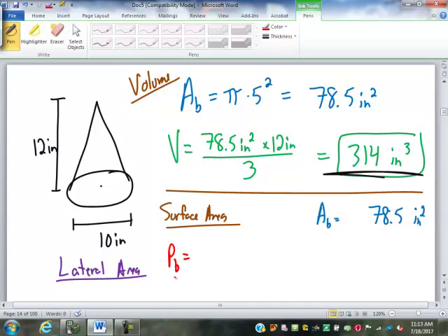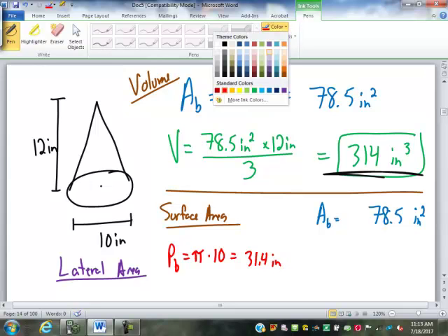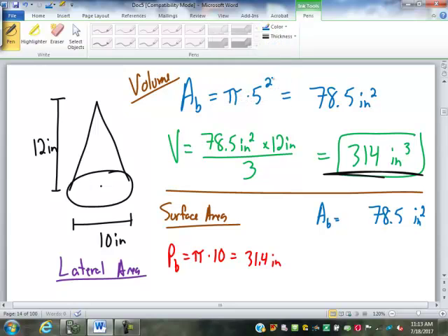Well, one of the things is the perimeter of the base. Base is still a circle. How do we find its perimeter? Circumference, yes. So pi times 10, 31.4 inches.